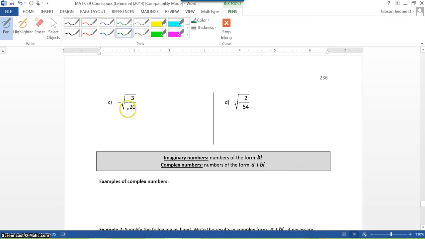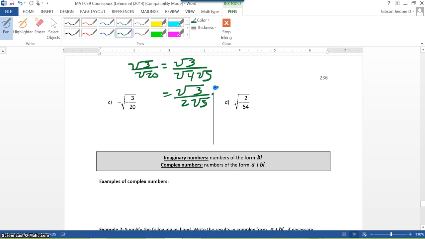Now we come here. We have the negative square root of negative 3 over 20. So first of all, let's just do the square root of 3 over 20. That would be the square root of 3 over the square root of 20, which would be the square root of 3 over the square root of 4 times the square root of 5, because we take out the perfect square. So this will be the square root of 3 over 2 square root of 5, and we know we cannot leave this square root in our denominator.